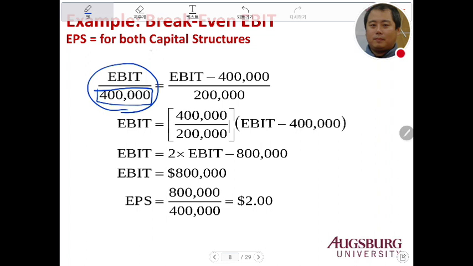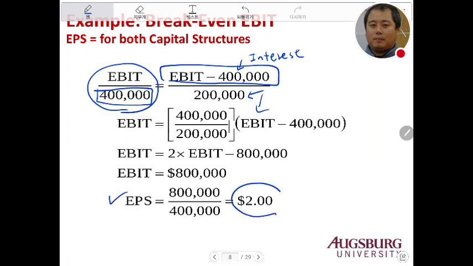Now, with debt, EBIT minus 400,000 will be the net income because this is interest expense. And then we decrease the number of shares outstanding to 200,000 because we use debt. If you solve this, then EPS will be $2, which means that the EBIT is 800,000. That's the break-even EBIT.